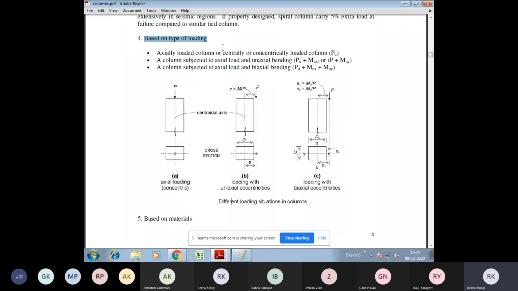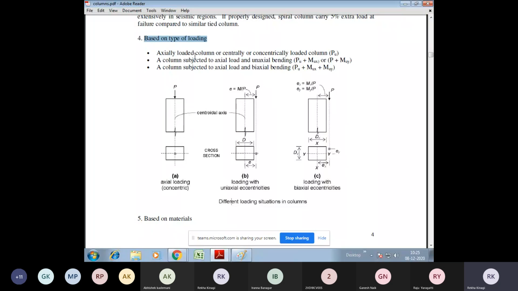And the third category is the column subjected to axial load and biaxial bending. Along with axial load, we are considering biaxial bending, that is bending in both the directions. The examples and the sketches are being shown here.